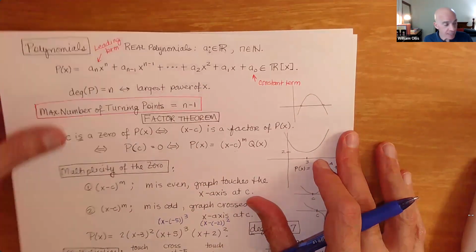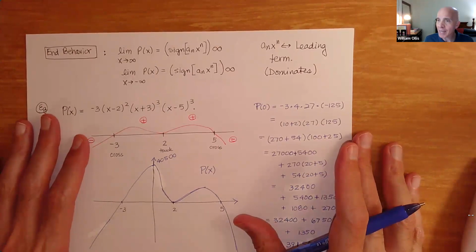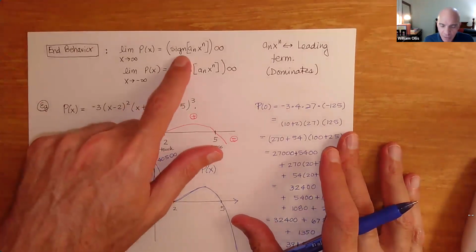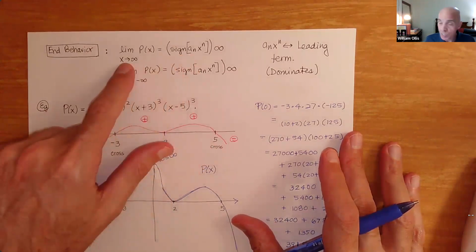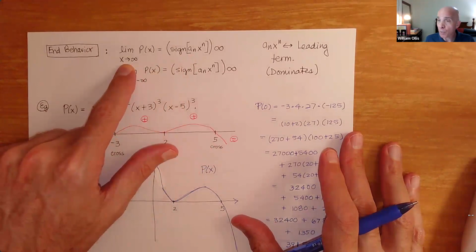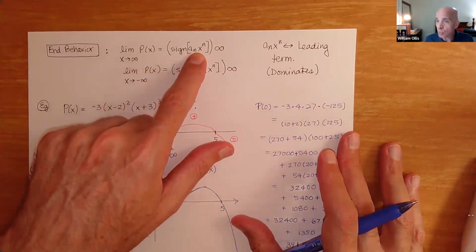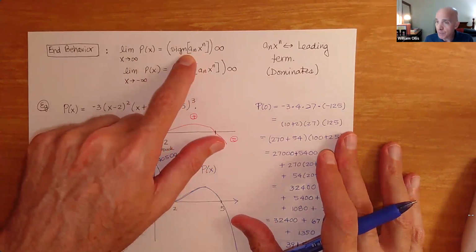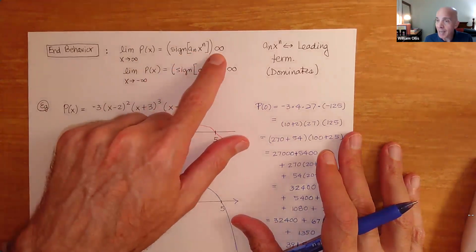So that means the polynomial's behavior will be a sign of infinity. And how do we figure it out? We simply look at the sign of the leading term. For instance, if x is approaching infinity, then we can simply replace x with a positive number and then consider the sign of the coefficient. And whatever we get from that will be the sign that we assign to infinity.